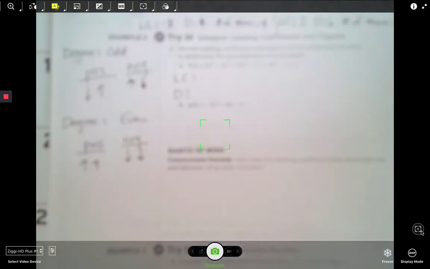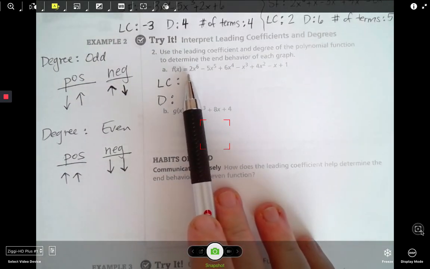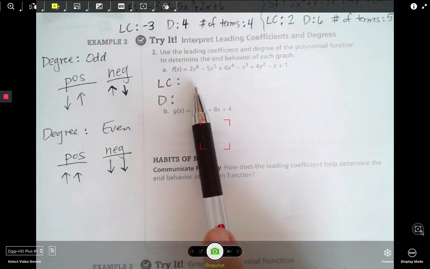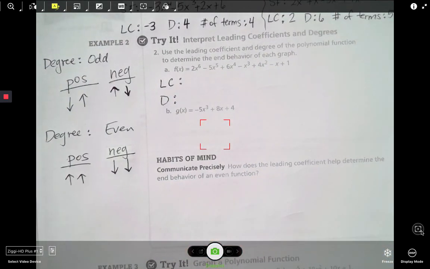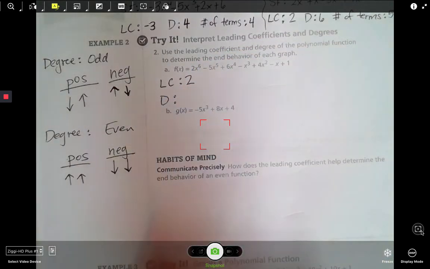All right, so we're going to keep that in mind as we answer these next few questions. What is our leading, well, first of all, is this in standard form? 6, 5, 4, 3, 2, 1, 0. It looks like it's in standard form, right? So what's my leading coefficient? 2. And degree is 6.